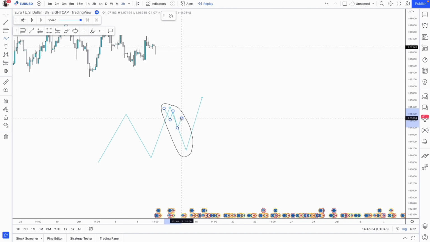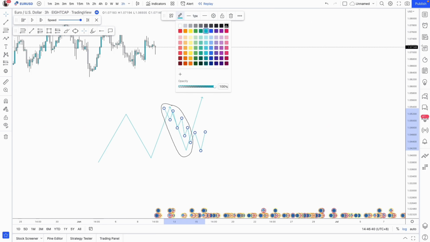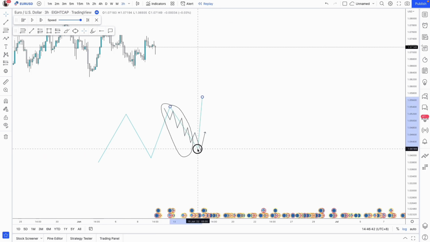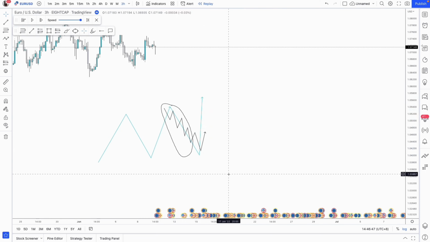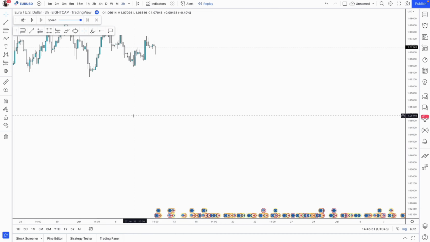Price is going to be making lower lows, lower highs, lower lows, lower highs, lower lows, until finally it gets to the bottom and then changes. But until that happens, it's going to look like that, right? Bearish. And so by understanding the higher time frame, we can understand the lower time frame, we can understand them in each other.